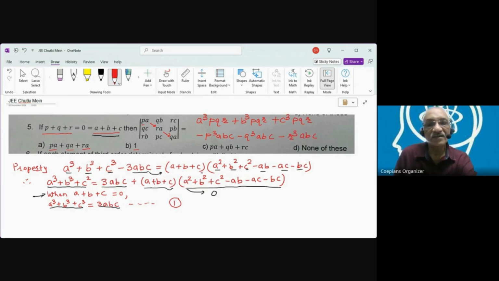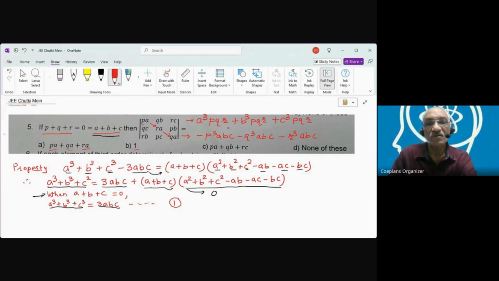I have written this in particular order for a special purpose. I have written all the plus terms on the top and all the minus terms in the bottom. So if you expand this particular determinant simply, this is what you get.